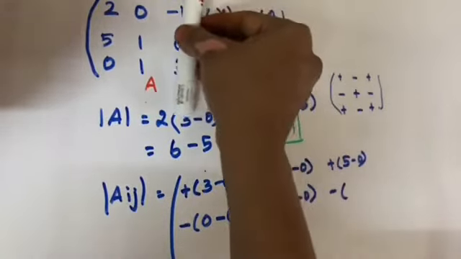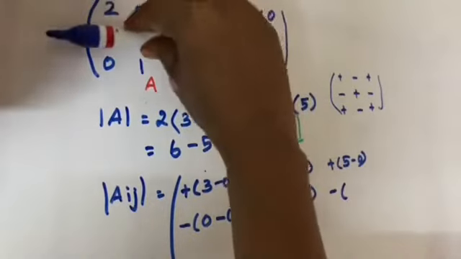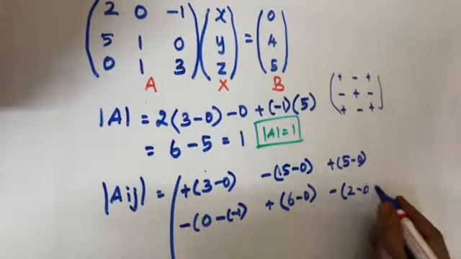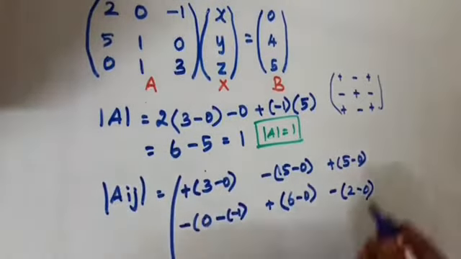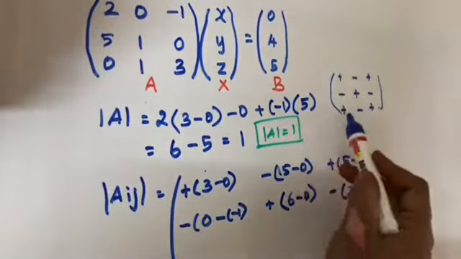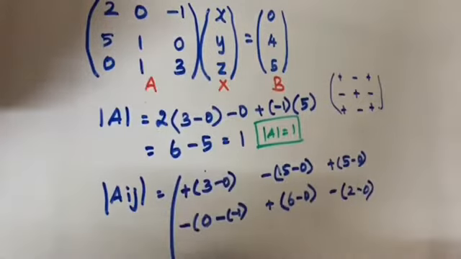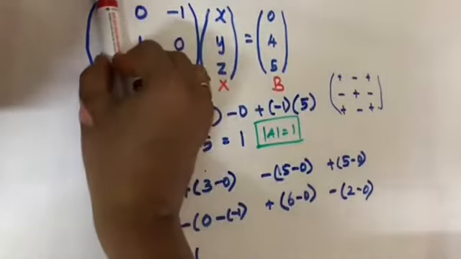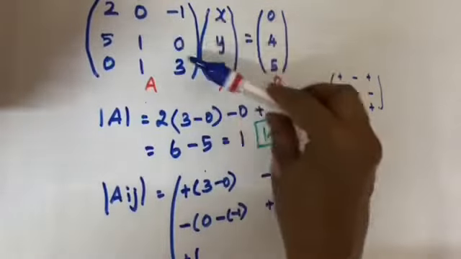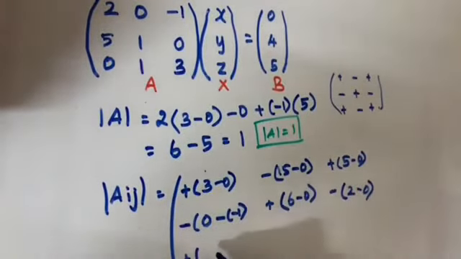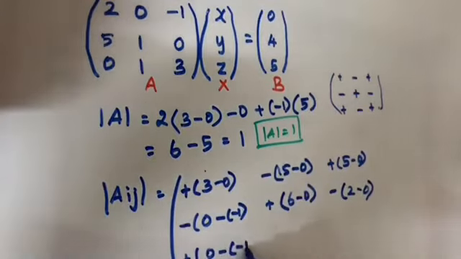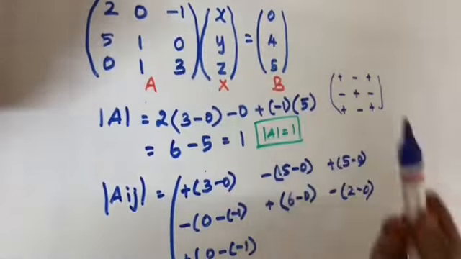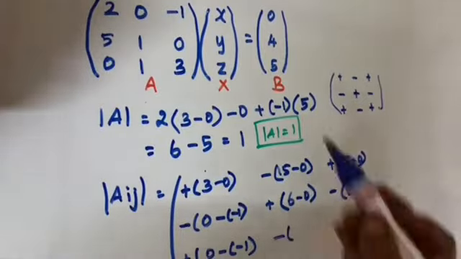So you have to leave this column and this row. So 2 minus 0, 0. Okay, like this you can write directly. Plus. So it is plus. For this term, you have to leave this row and this column. So 0 minus of minus 1. For this term, it is negative.